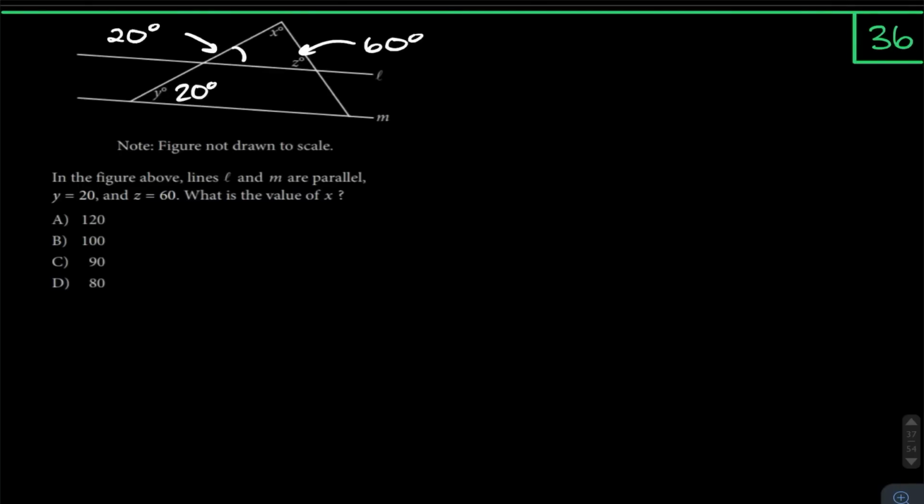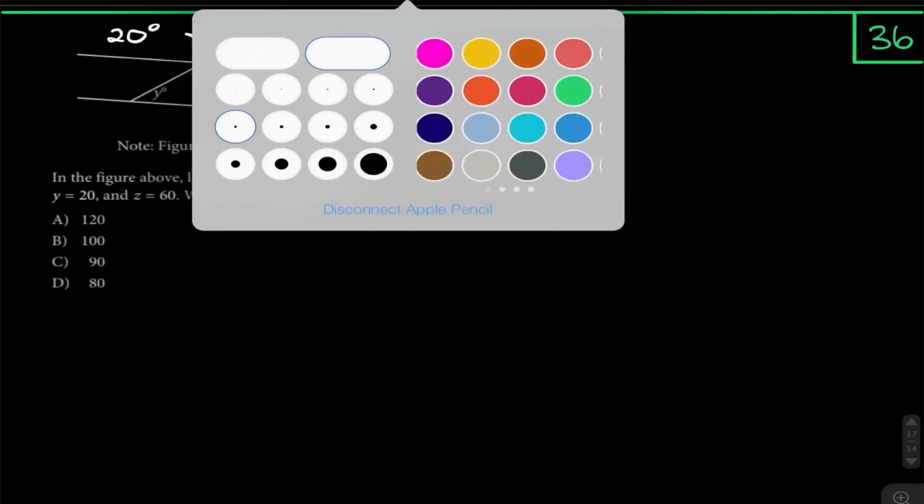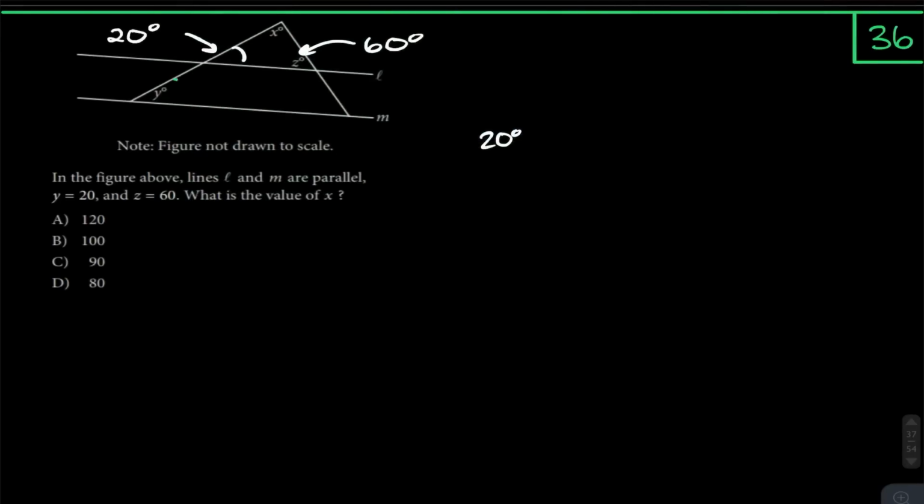A more complicated way to think about why is that this angle and this angle are the same because they're alternate interior angles, and this angle and this angle are vertical angles, so they're going to be the same. And so you get that this angle is equal to this angle. If you want to think about it like that, maybe that's a better way to help your mind make sense of it.